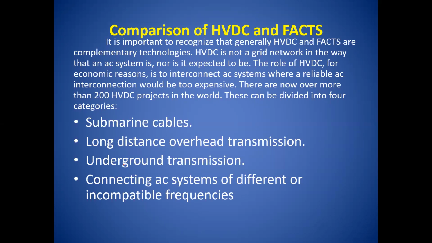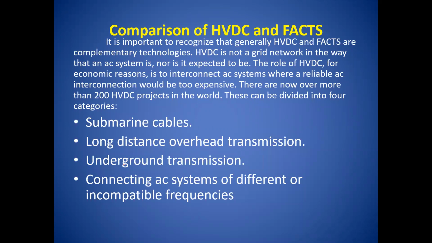Next is connecting AC systems of different or incompatible frequency. This is the connection of two power system areas which have different frequencies. It may be 60 Hertz and the second may be 50 Hertz. So it is useful for interconnection of grids. It may be at national level or international level.